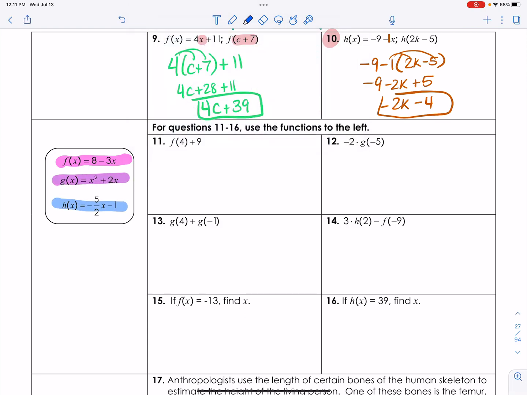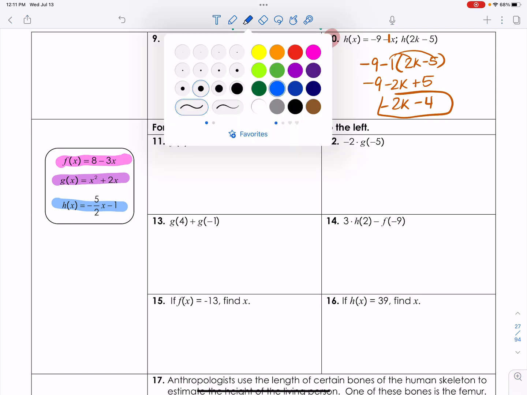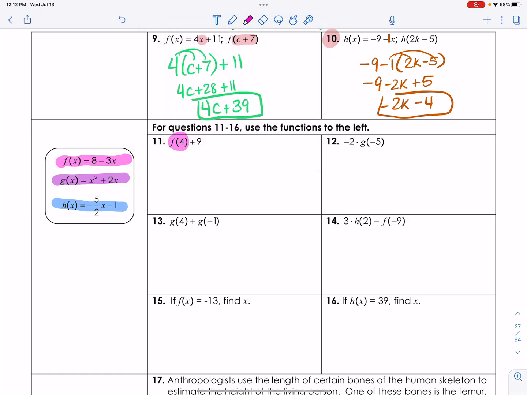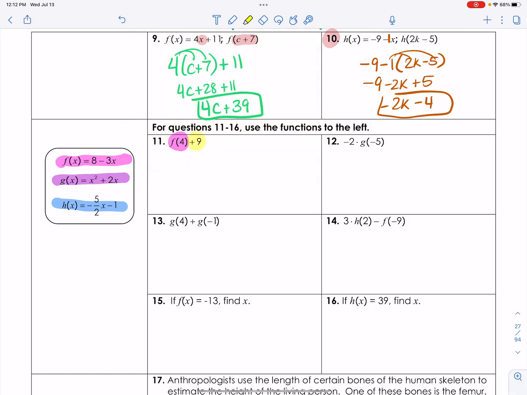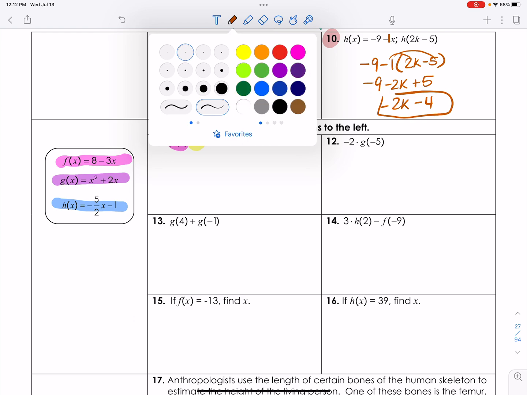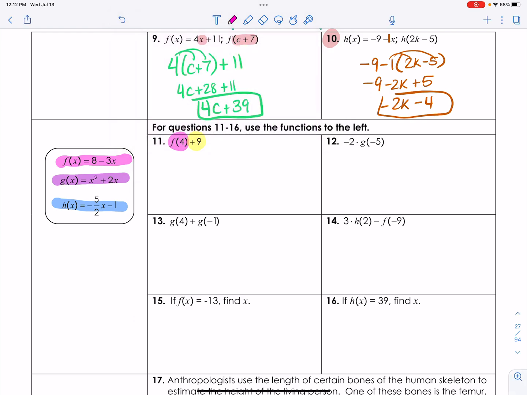These are the equations. Okay, so on this first one, they're wanting me to find f of 4. But then once you find f of 4, outside of it they're wanting me to add 9. So the first thing I would do is find f of 4 first. So I'm going to take 4 and put it into f. So that is 8 minus 36, right?